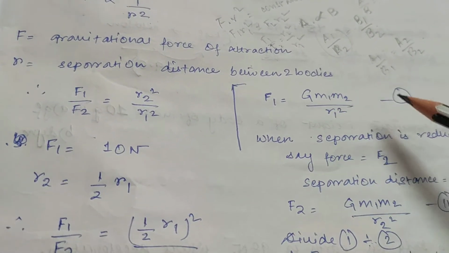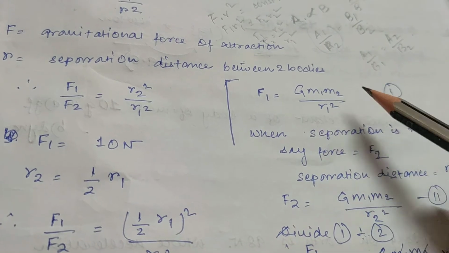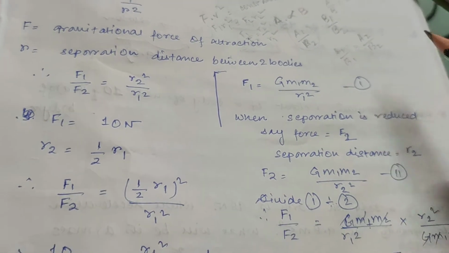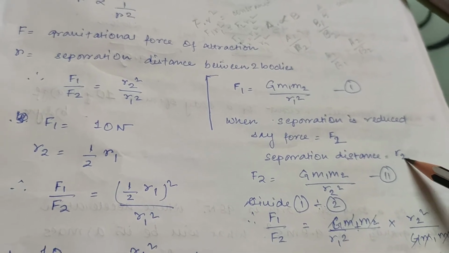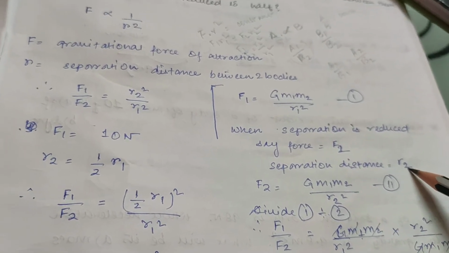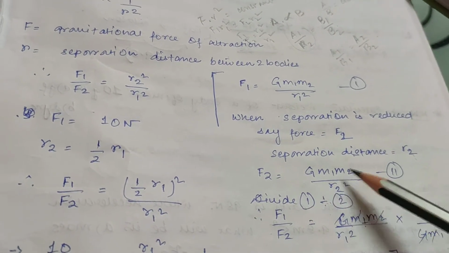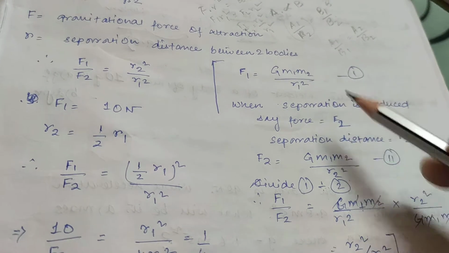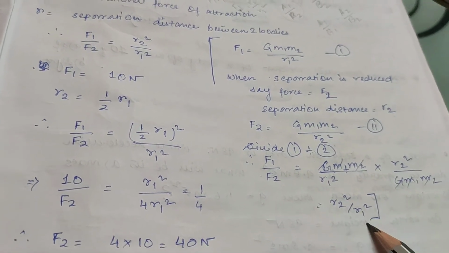Or you can simply follow from this. Suppose when separation was R1, can I write F1 equal to GM1M2 by R1 square? Now when the new separation distance is R2, then F2 equal to GM1M2 by R2 square. Simply divide F1 by F2, you will get R2 square by R1 square.